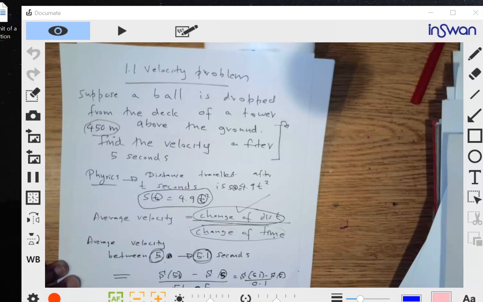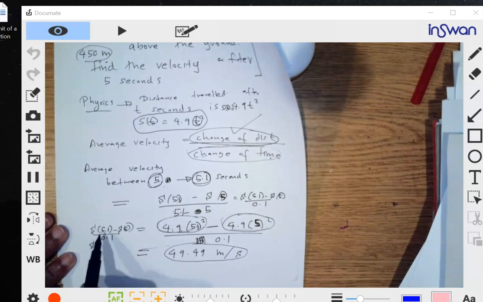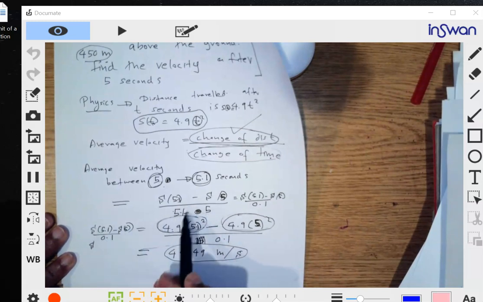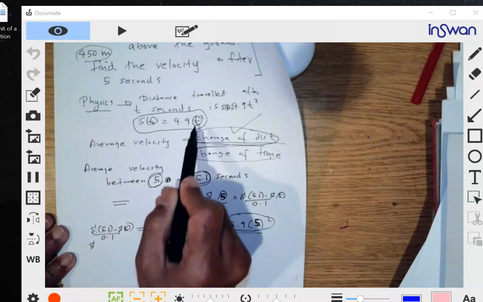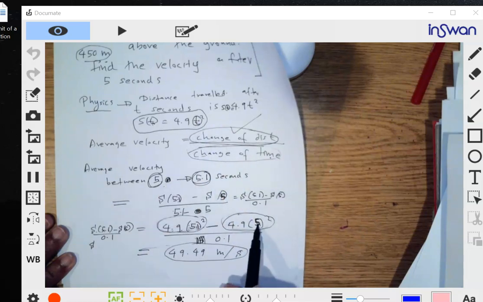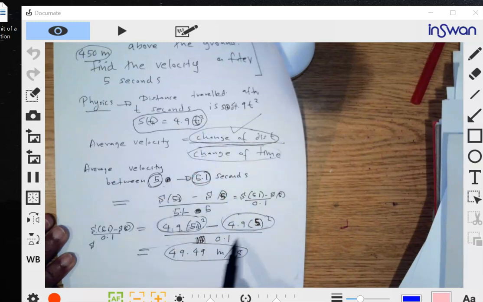Because we put 5.1 for t, this was s of 5.1, and that was s of 5, and we divided by 0.1.